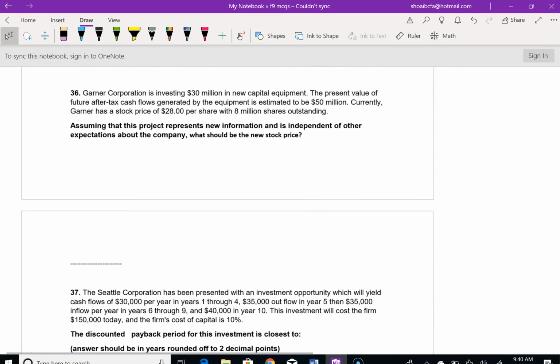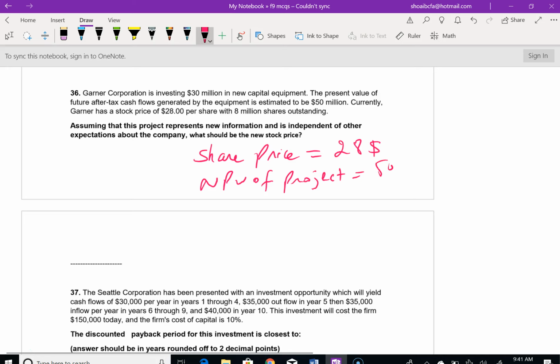Okay, question number 36. Garner Corporation is investing $30 million in new capital equipment. The present value of the future after-tax cash flow generated by the equipment is estimated to be 50 million. Currently, Garner has a stock price of 28 per share with 8 million shares. So the current share price is $28, and the NPV of the project is 50 minus 30, $20 million.